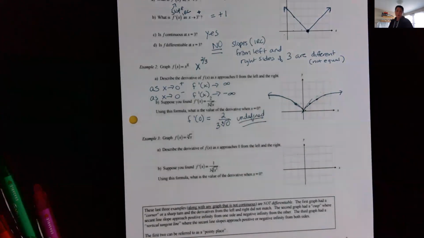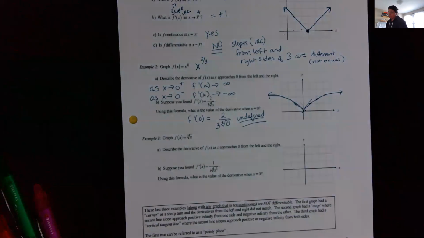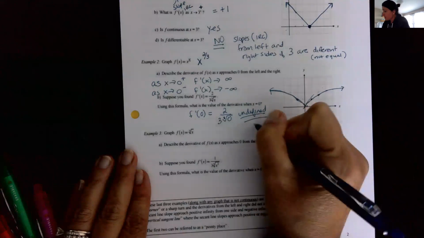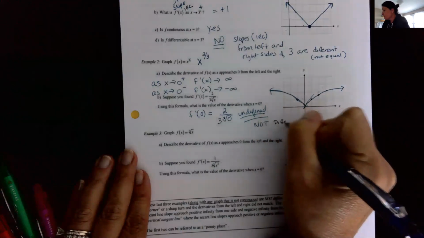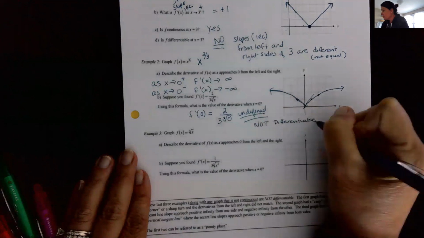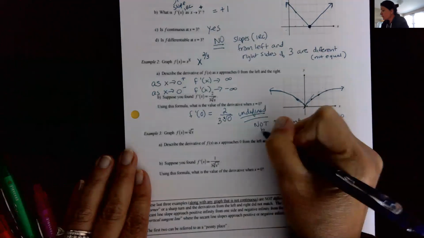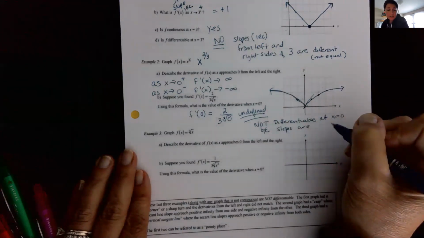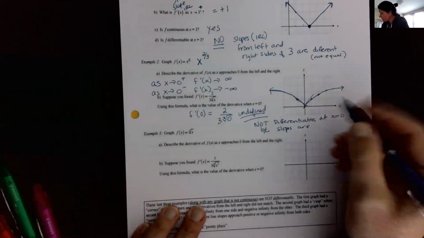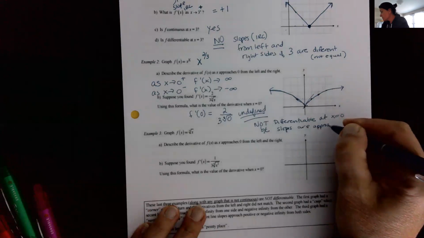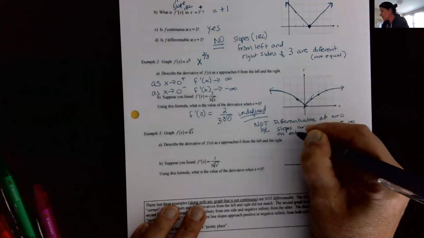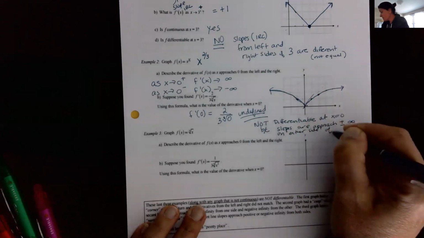It would not work. Okay. So not differentiable at x equals 0 because slopes are approaching positive and negative infinity on either side of 0.